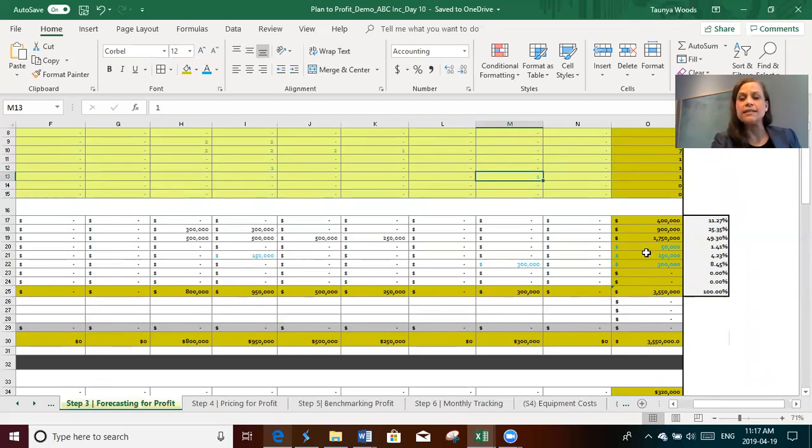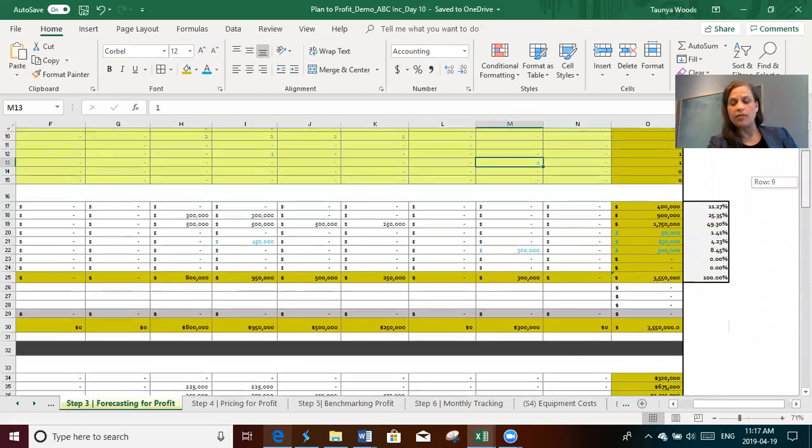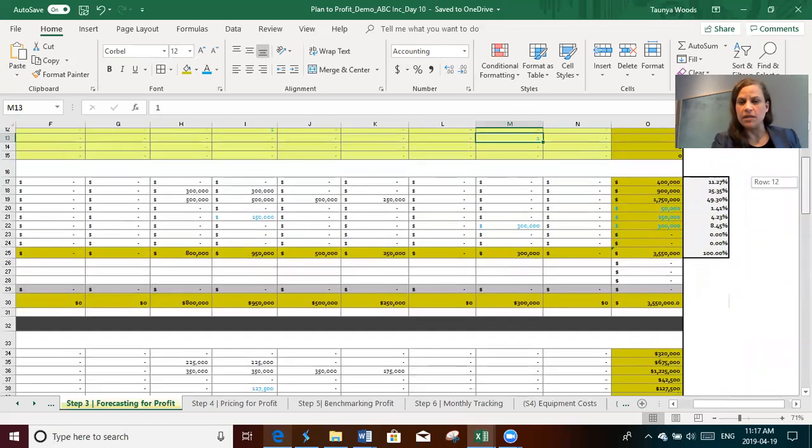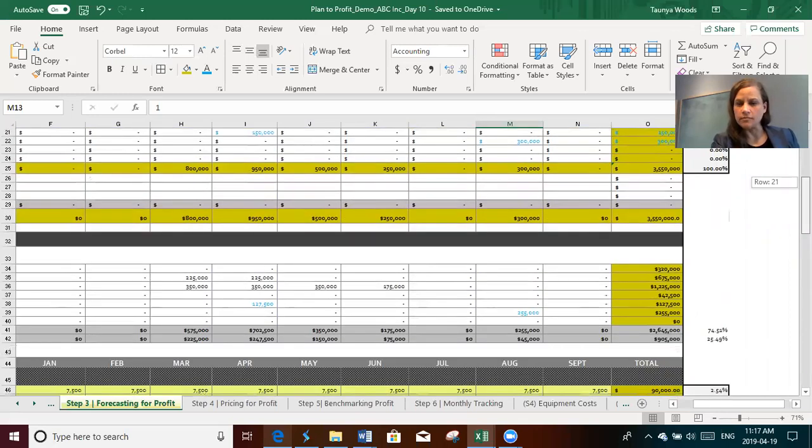So we still needed to make some minor adjustments here, but we did not need to grow by a whole million. I still want to prepare you that you will need to make minor tweaks and adjustments when it comes to bringing over those plan for profit numbers, but they're not going to be out of whack by $1 million. So, all right.